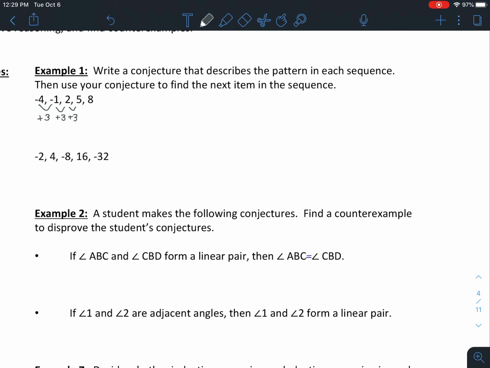So my conjecture is you add 3 to the previous number. Which means the next number in my sequence is going to be 8 plus 3. It's going to be 11.